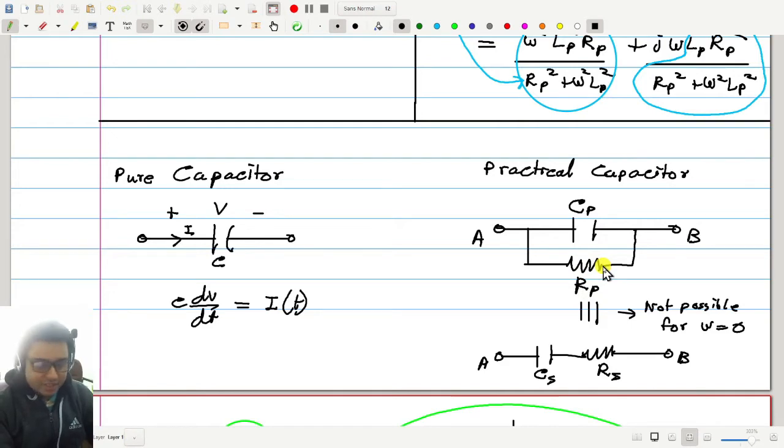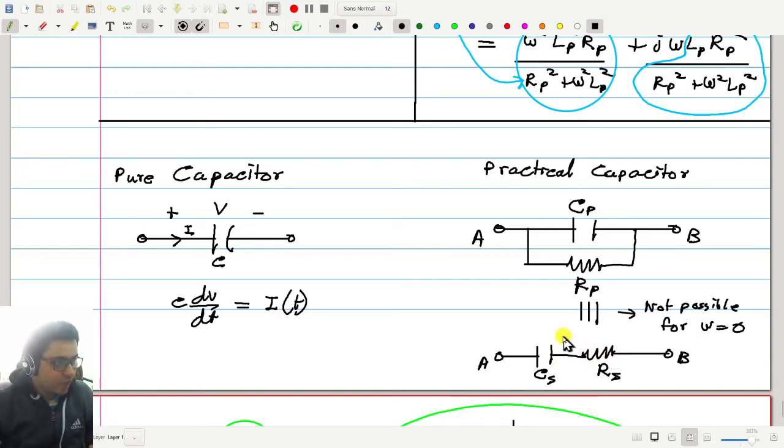Yes, you are right that for pure DC, the DC leakage current cannot be modeled using this series combination. But for other frequencies, other losses, and even the leakage loss at non-zero frequency, this will work.